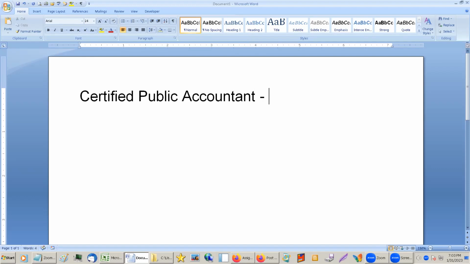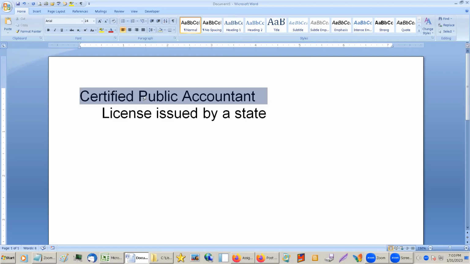Certified public accountant. This is a license issued by a state.